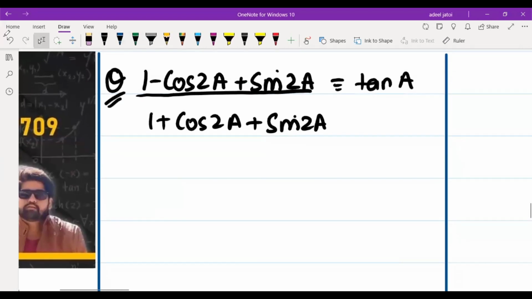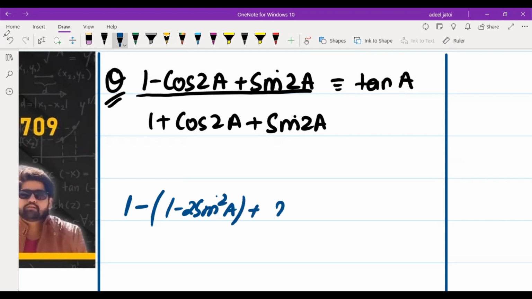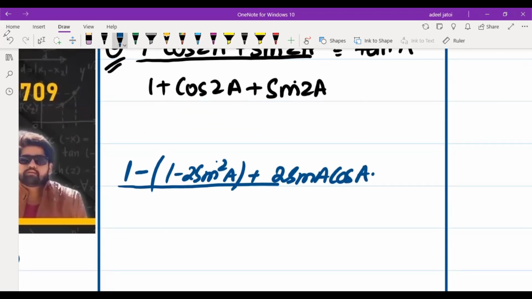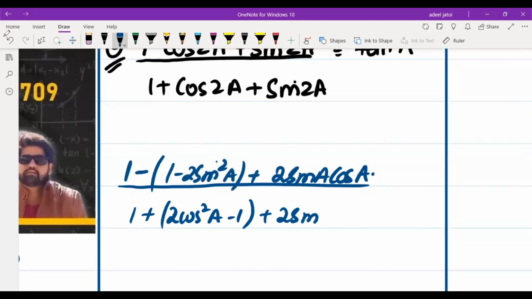We know that we need sine in the numerator. So 1 minus 2 sine squared A plus 2 sine A cos A can be used in the numerator, whereas in the denominator, 1 plus 2 cos square A minus 1 plus 2 sine A cos A can be used.